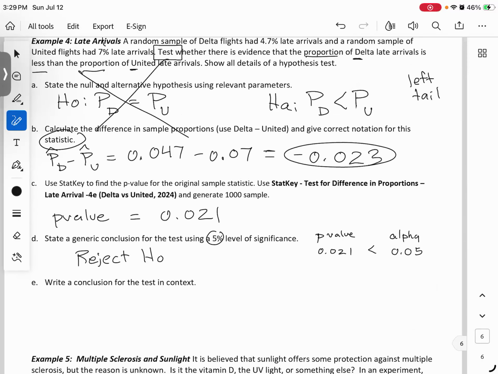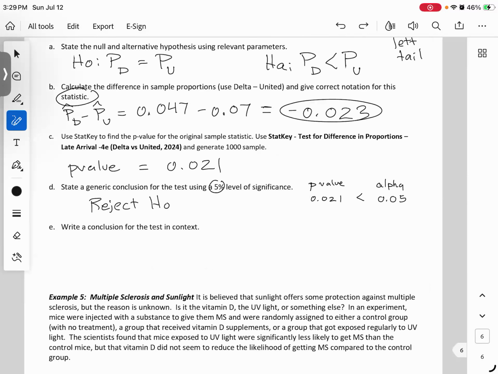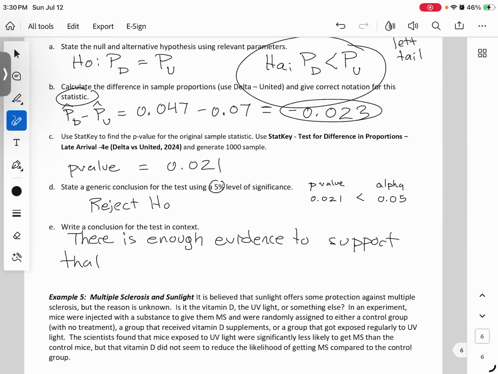Like that idea just died, and we can now put that in context: there is enough evidence to support that the proportion of Delta late arrivals is less than the proportion of United.